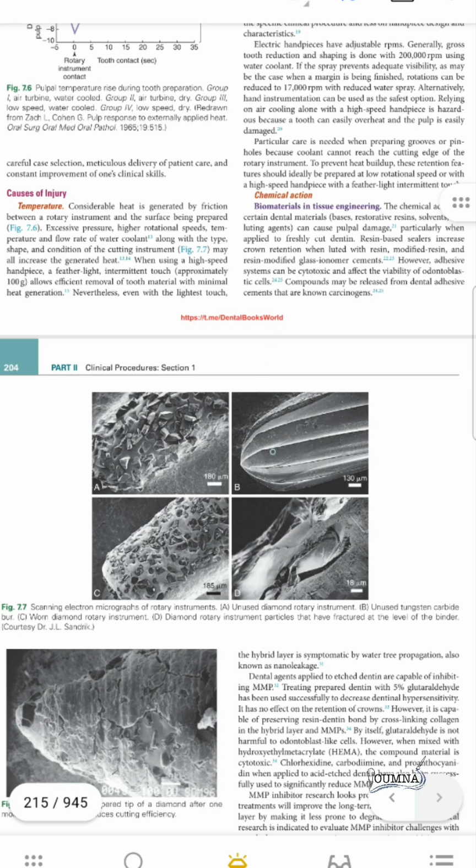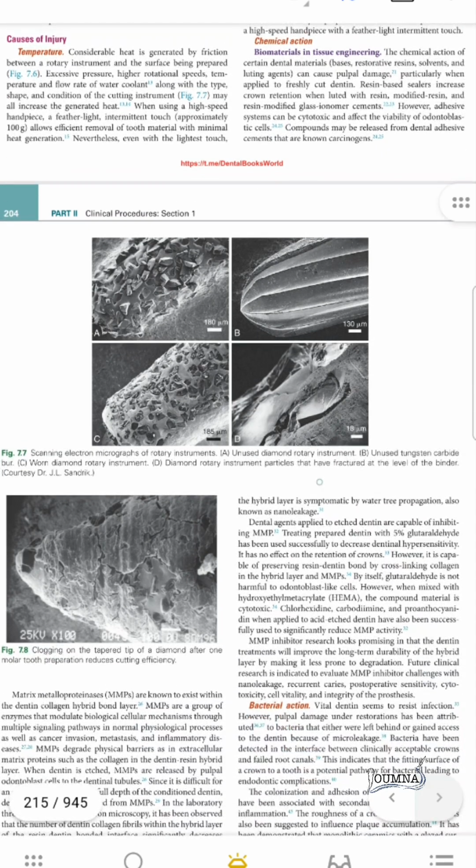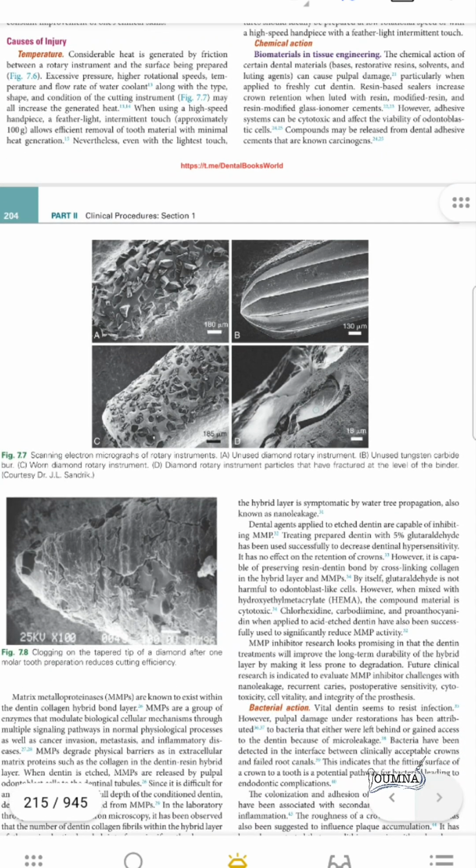These are the burs under the electron microscope. These are the diamond burs, and this is the tungsten carbide before preparation. And here, after preparation, we see that the diamond has been damaged, and the carbide also got damaged.